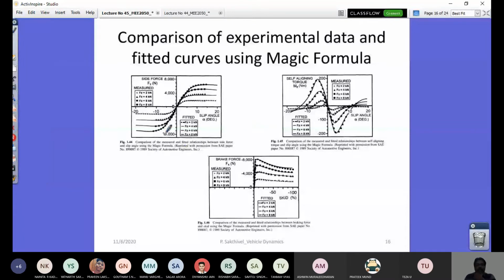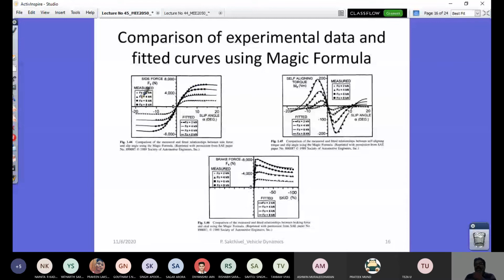For example, if you look at this 1.44, that brings in your side force as a function of slip angle. As the load increases, you see they are changing. So this is the fit according to this magic formula.